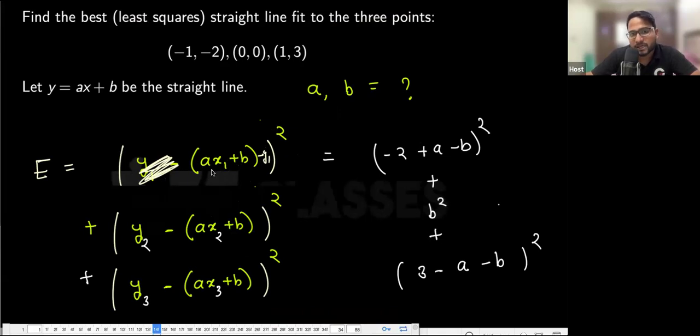So obviously, if you increase A and B, what do you think, will this E increase or decrease? It might depend on the sign of x1 or something like that. But mostly, see, B is independent, right?